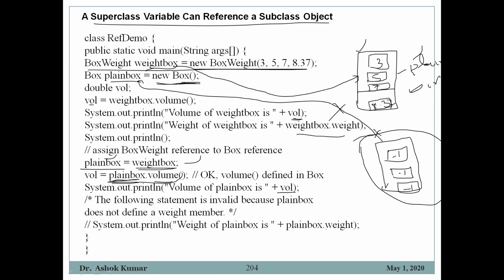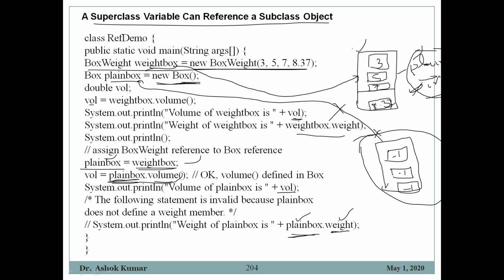But if you use the weight member with the superclass reference, in this case it's not valid, because the reference is of superclass, but the weight belongs to the subclass. The important point in this case is if the subclass object is being referred by the superclass reference, then through the superclass reference you can access only the members that belong to the superclass.